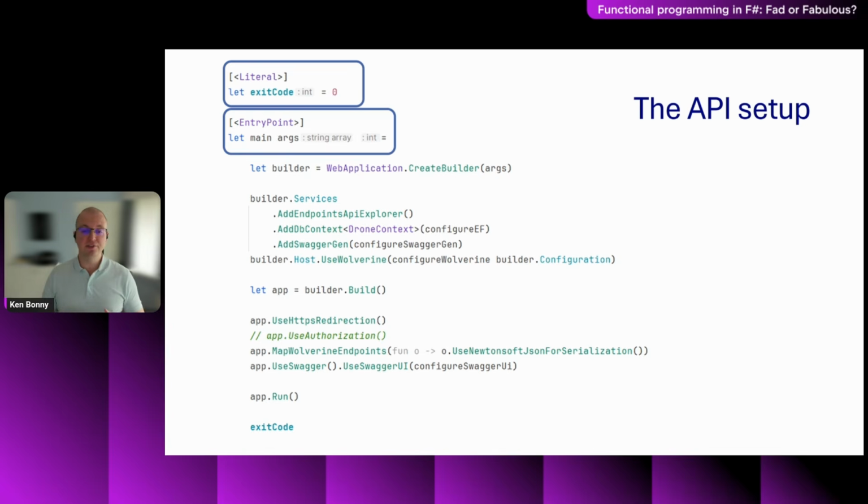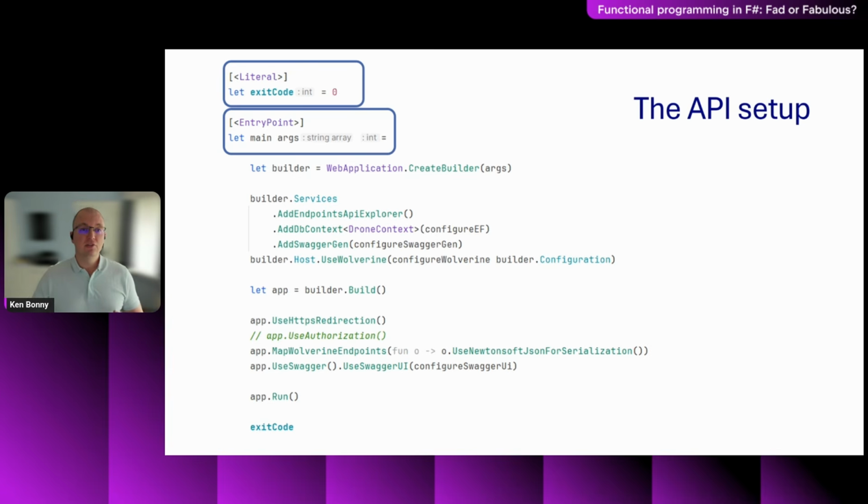And that is because F# is so statically typed, so strictly typed, that it can infer a lot of types from usage. For example, the args are used on the next line in the create builder, and the create builder function takes a string array as input, so my args must be of type string array.